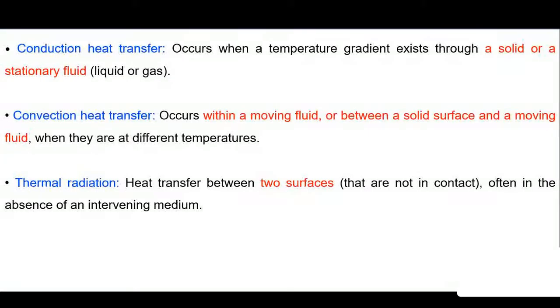So radiation is always present, and heat transfer between two surfaces when they are not in contact, often in the presence of vacuum, often in the absence of any intervening media, the radiation travels from one surface to the other surface and the heat transfer takes place because of thermal radiation. So these are the three modes and where they are occurring.